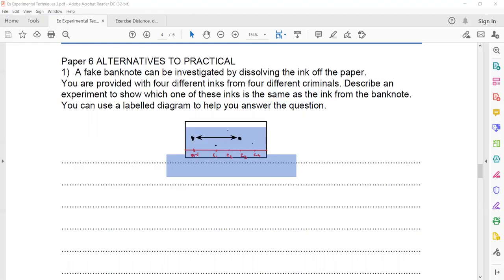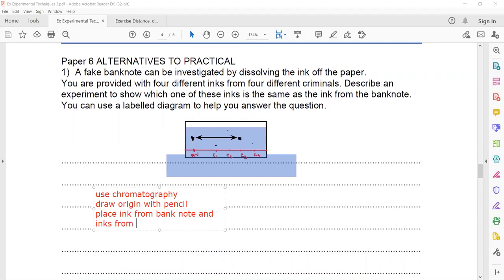But you don't have to say which criminal it is, you just have to outline the experiment, how it can be done. So first we will use chromatography, and then we will draw the origin with a pencil. Then we will place ink from the banknote and inks from the different criminals. Then we will use a suitable solvent, like you can mention water.